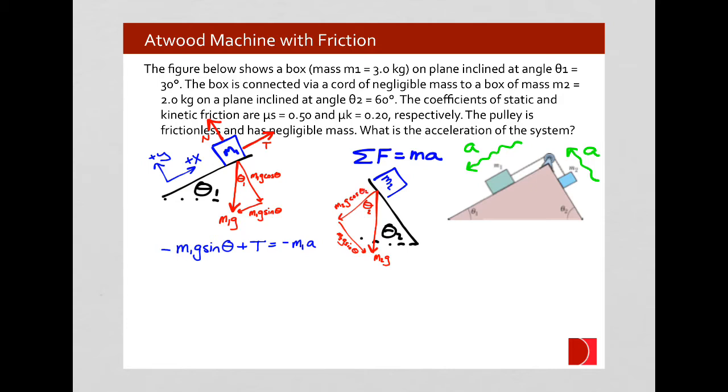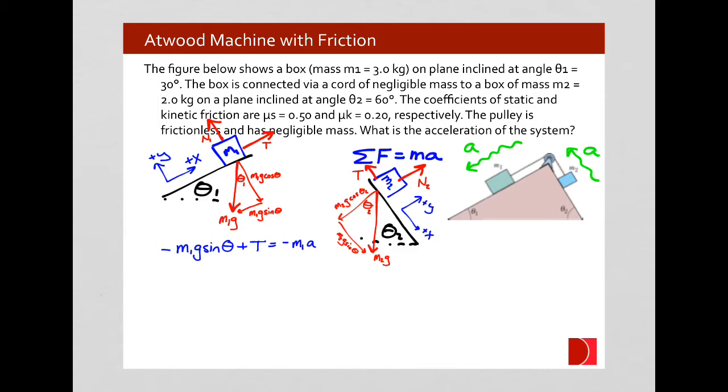And we again have our normal force and our tension force. And so we can write Newton's second law for this block as well. Again, we're assuming that we're following the convention for our coordinates. We use to the right is the x direction, up is the y direction, and we've just tilted them to match the incline of the plane.